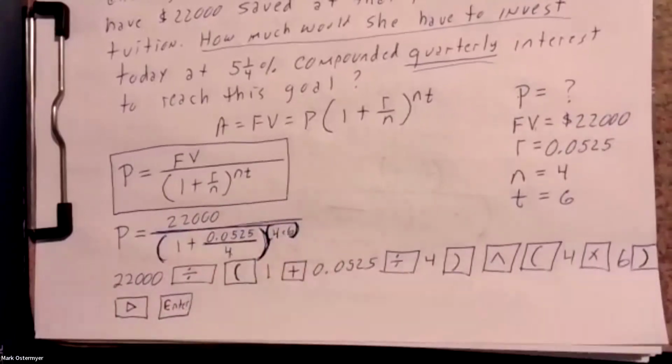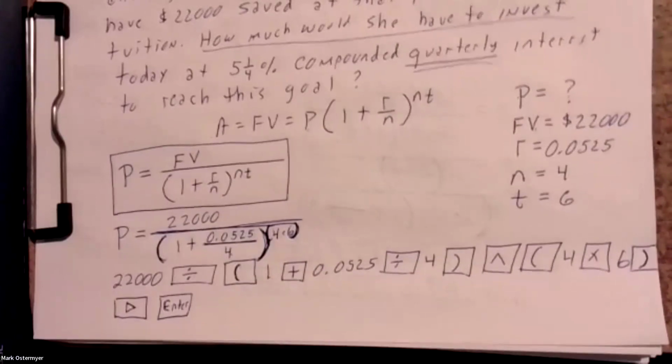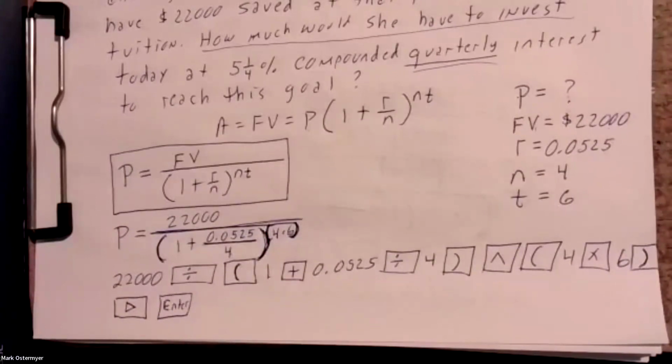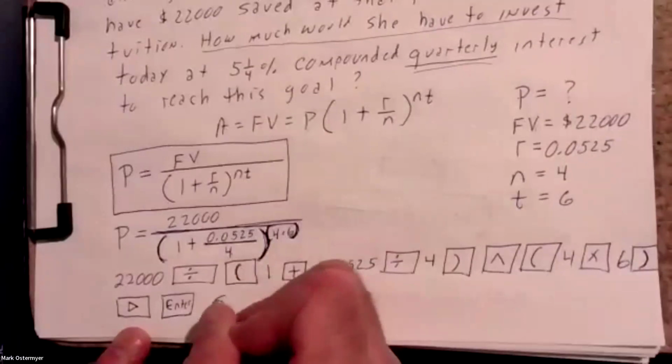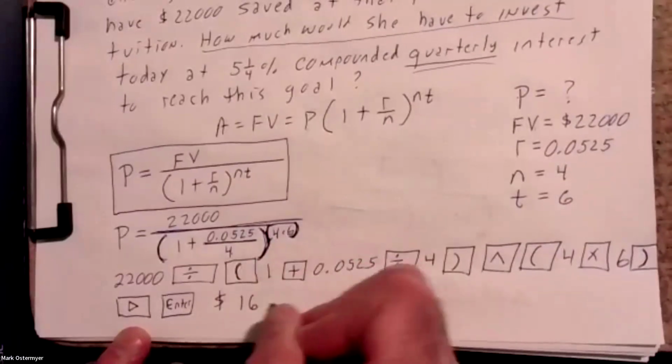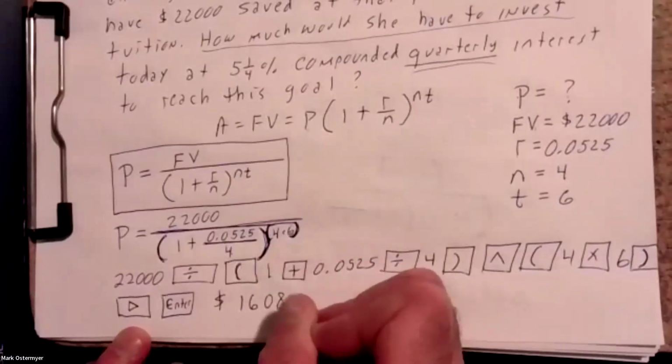Go ahead and dial it up and tell me, ladies and gentlemen, what she must invest today to ensure that in 6 years, she will have $22,000 to pay for her graduate education. $16,088.29. $16,088 and what? 29 cents.